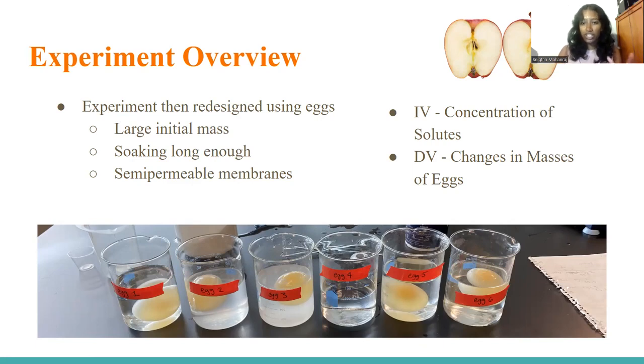What are you controlling and changing for this experiment? And then your dependent variable, which is going to be affected by how you control that independent variable. So our independent variable was the concentration of the solutes, and the solutes we were using in this were salt and sugar. And then our dependent variable were the changes in masses of the eggs, since we were measuring osmosis and seeing how much water was being transferred into the egg or transferred out of the egg.